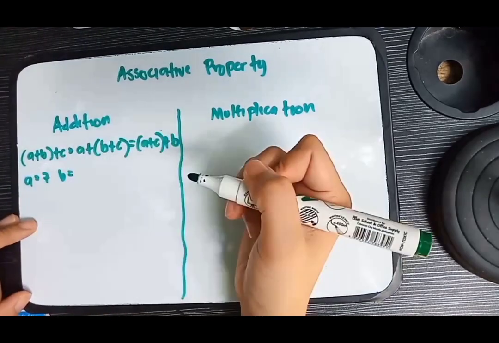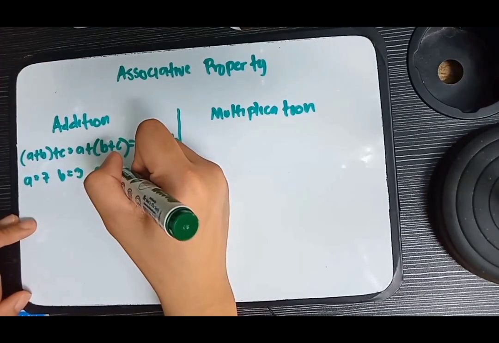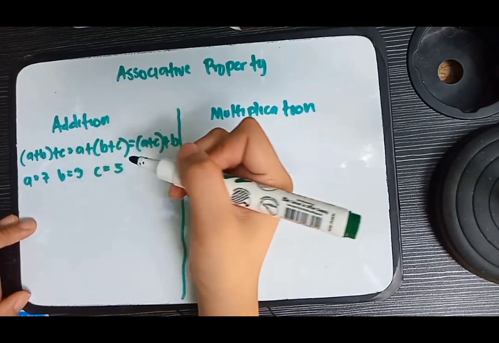For example, A is equal to 7, B is equal to 3, and C is equal to 5.